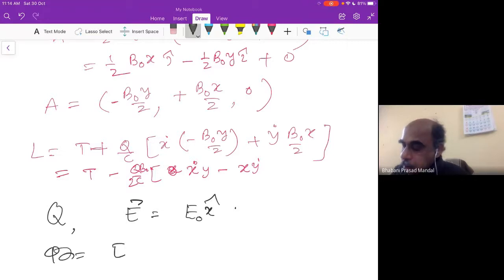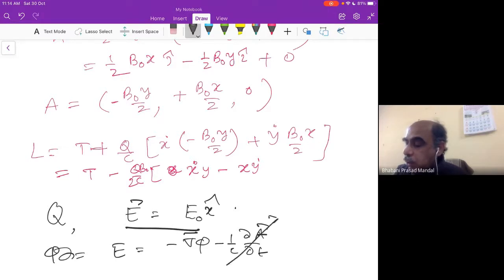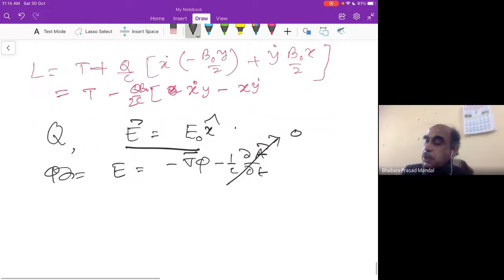E was your minus grad phi minus 1 over c del A del t, but there is no magnetic field, only electric field, so this term is 0. Even for a constant uniform magnetic field it will be 0 because there is no time varying vector potential.